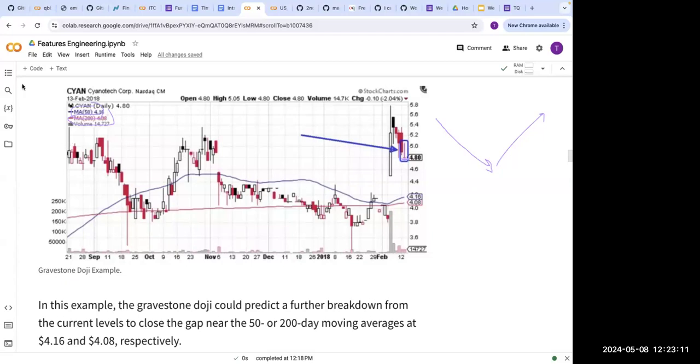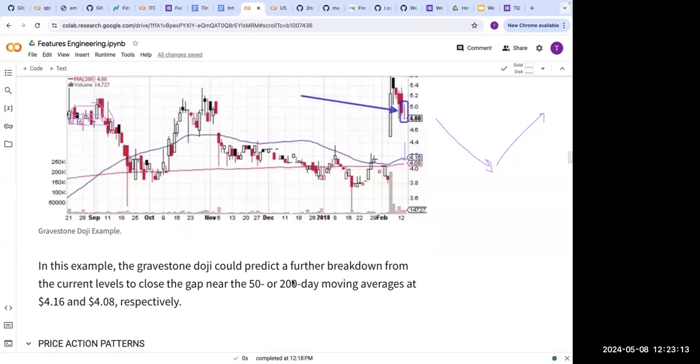So I think in this example, the gravestone doji would predict a further breakdown from the current levels, right? Because the stock was going up, you can see, and this doji came. So with this gravestone doji, we would predict that the stock would go down.